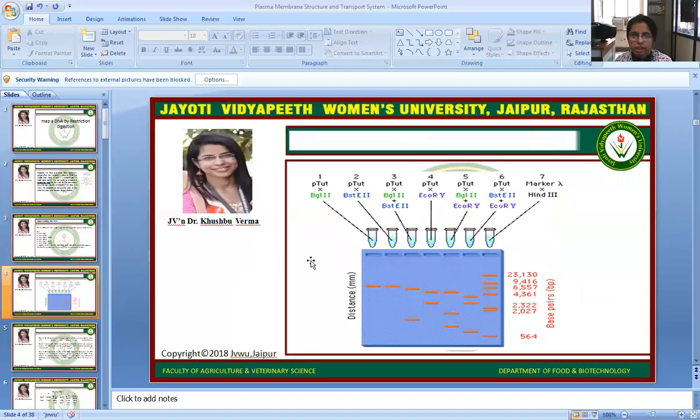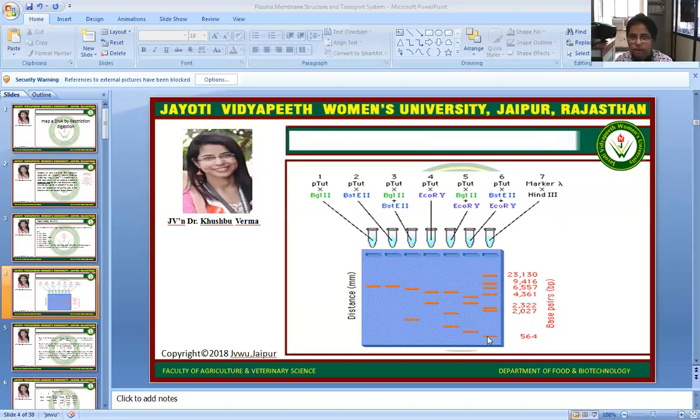Here you can see the combination, as I told you before, 7 lanes in which these PCR tubes will have these combinations and then will be run on the gel. Here you can easily see the differentiation of base pairs according to their length.